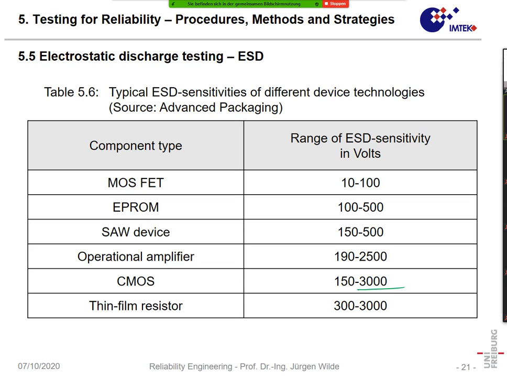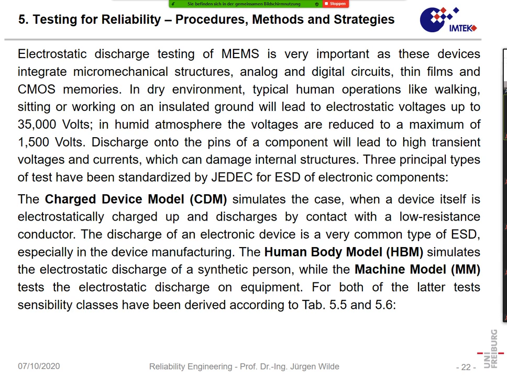Even a thin film resistor can be damaged by ESD in the 300 to 3000 volt range. So ESD is something which can happen easily, and you must avoid it. And there are several methods to test it.